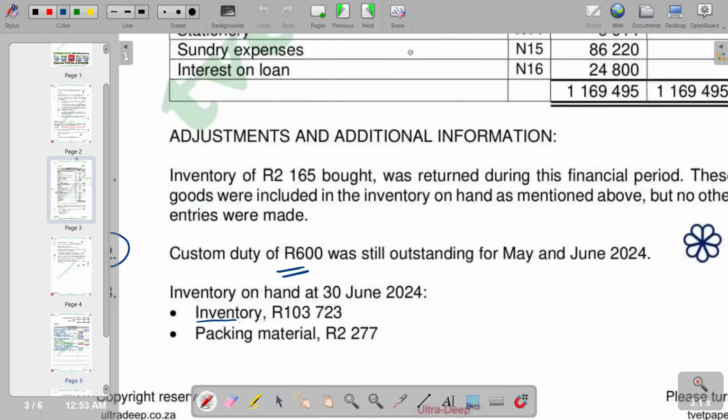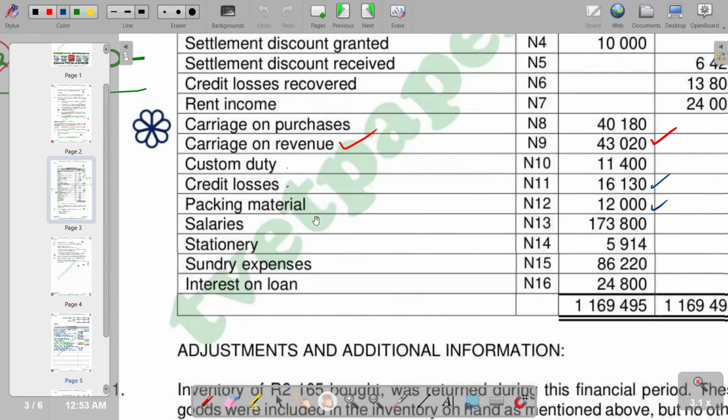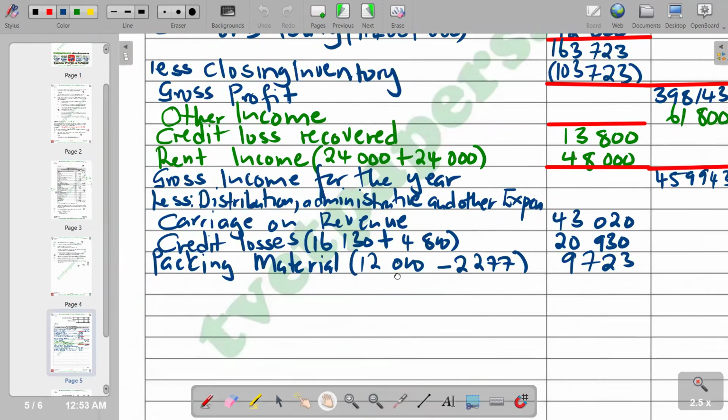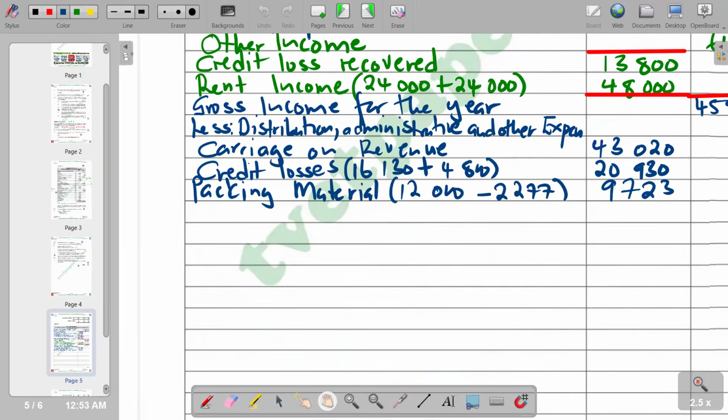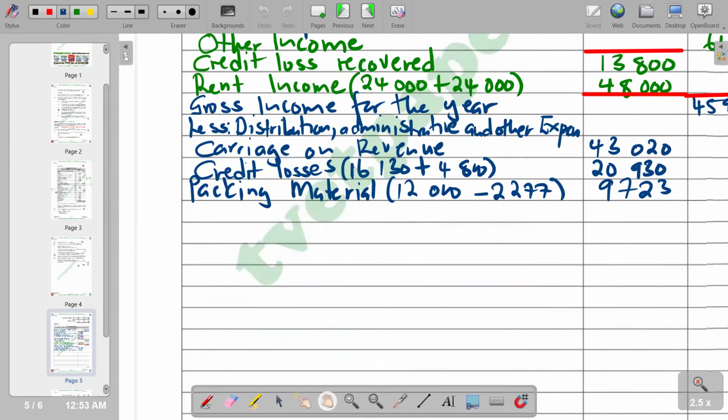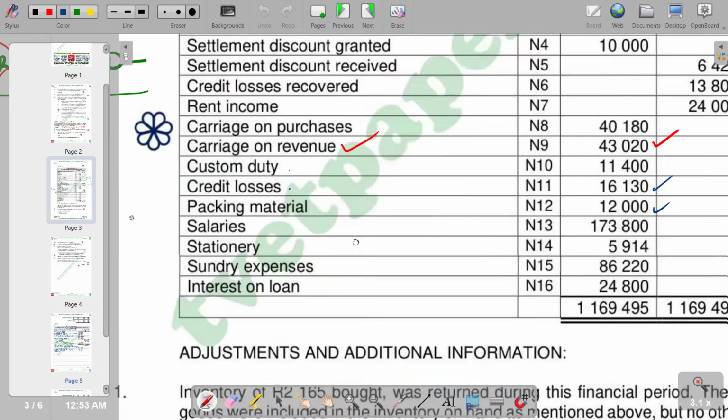We go to the next one. So after packing material, we've got salaries, which is 173,800. But of course, we need to check for adjustments for salaries. So we go back to check any additional information which is about salaries.